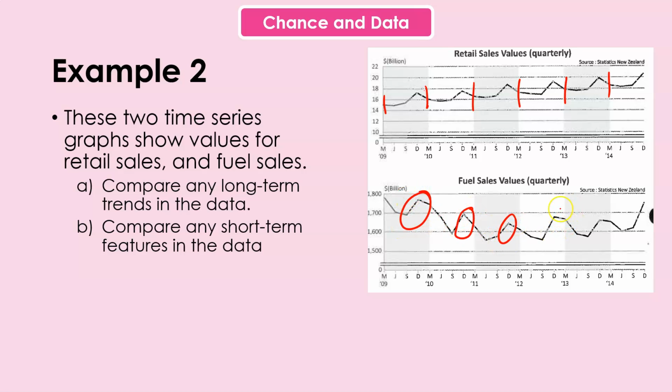The shape's not always exactly the same, but there does appear to be a repeating pattern there. So the answer we've got: there's a clear seasonal pattern of December highs, Christmas, and winter lows in the retail sales data. While the pattern is not so clear in fuel sales, this also shows December highs and winter lows. So just looking for those points is the key one.